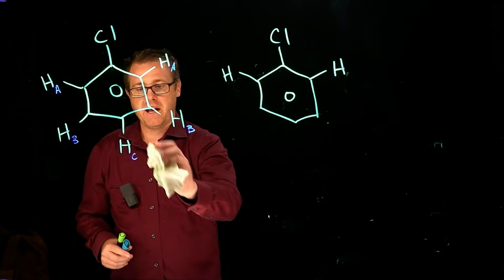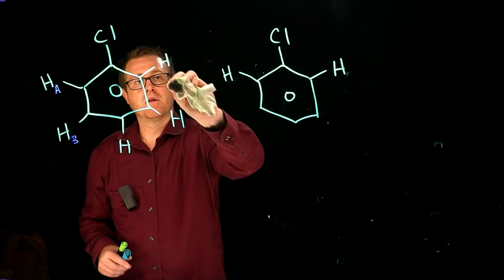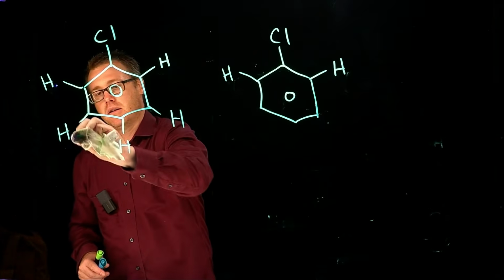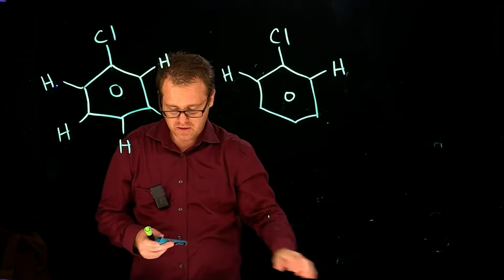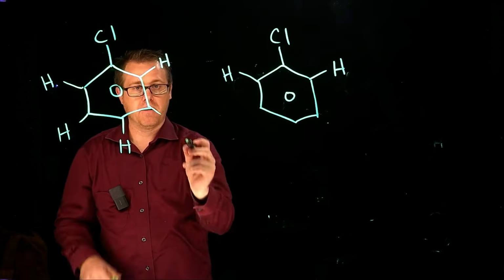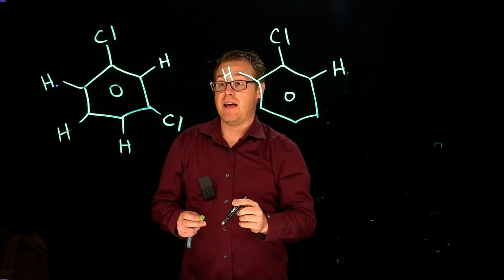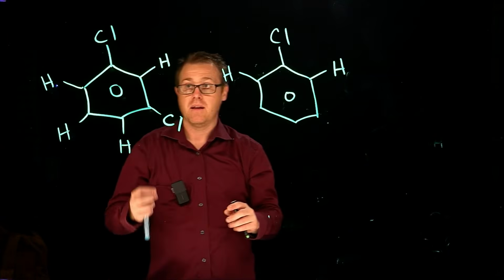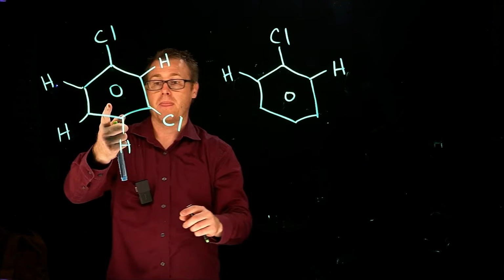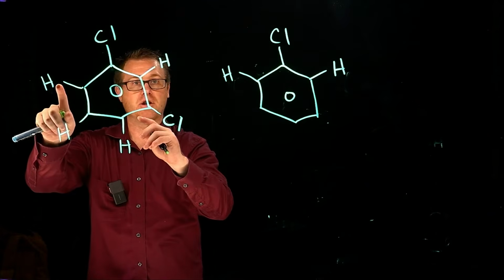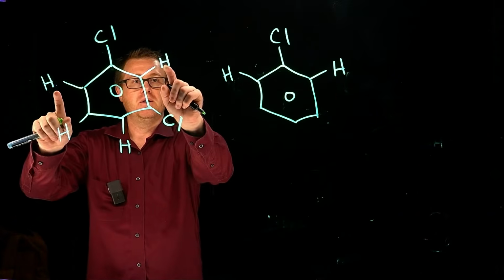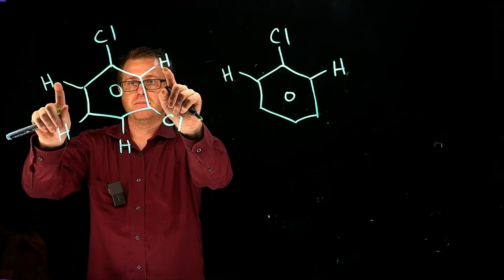Now, what if we changed it up by adding another chlorine here? What if I put a chlorine there? First we have to determine which hydrogens we're looking at. What's the relationship between these two?